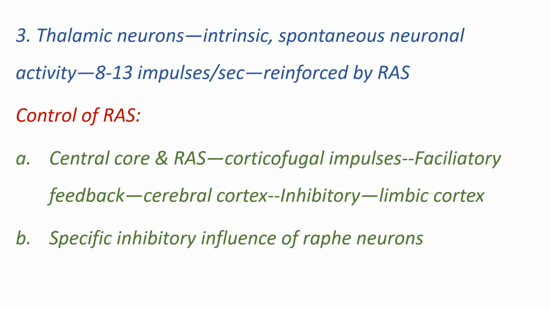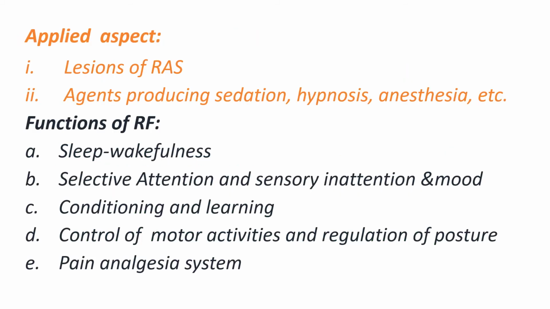What I mean to say is that the specific inhibitory influence of the raphe neurons on the reticular activating system and the intrinsic thalamic activities decreases their activity. And when their activity is decreased, the awake conscious state is opposed and you tend to sleep.